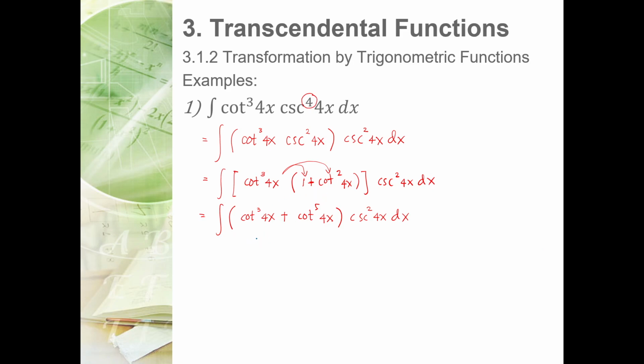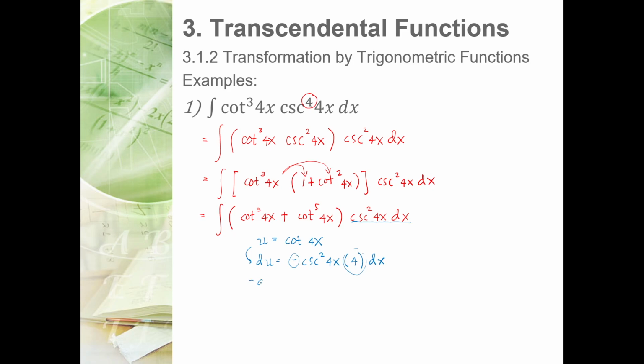Okay, so again from derivatives, we know by fact that the derivative of cotangent 4x is negative cosecant squared 4x. So again, don't forget that we need to derive the angle, so that's times 4 also, and then dx. Since we're only interested in getting the du as cosecant squared 4x, we need to divide by negative 4.